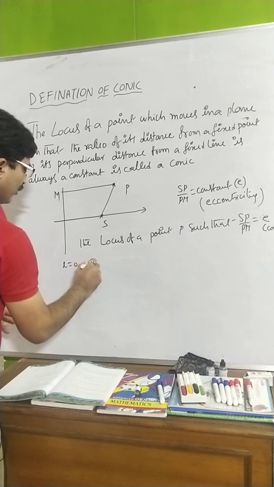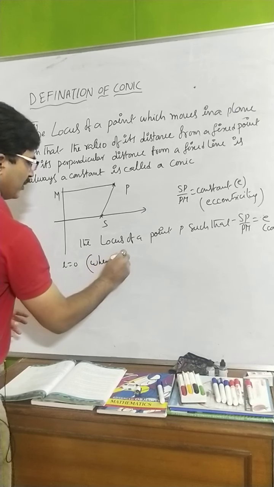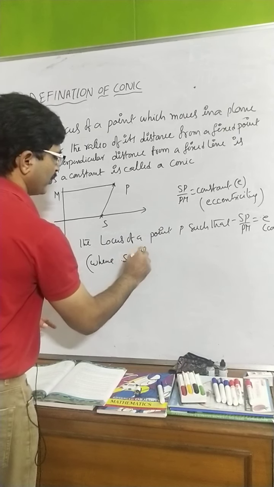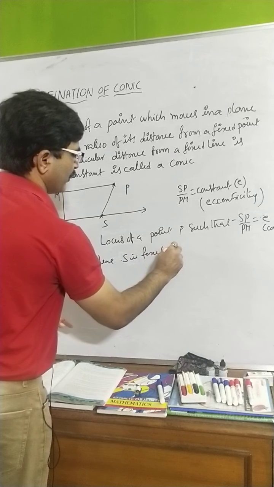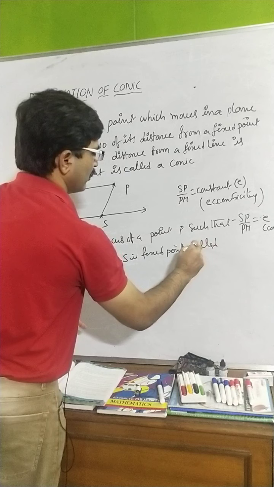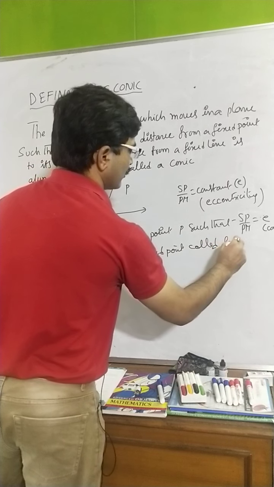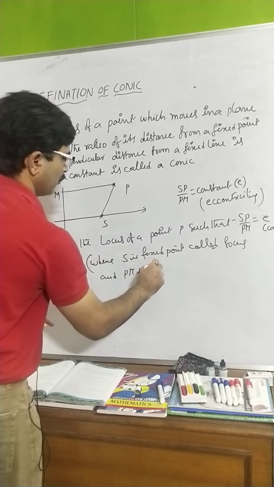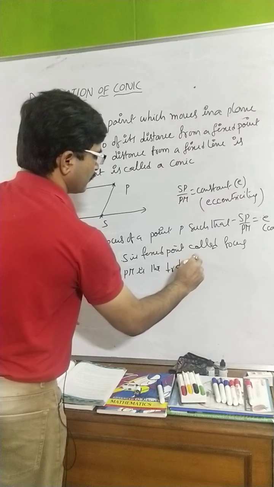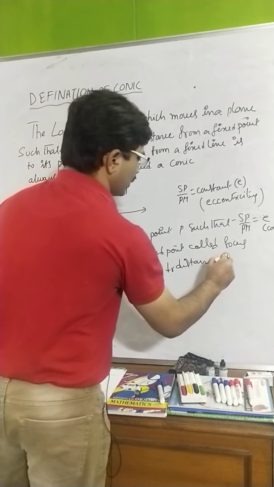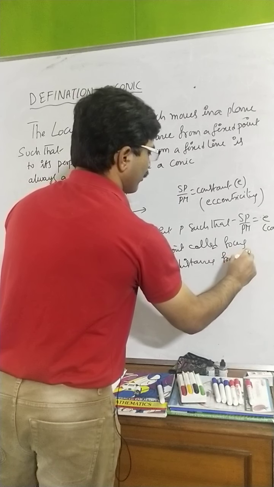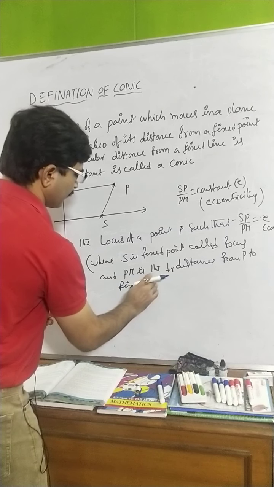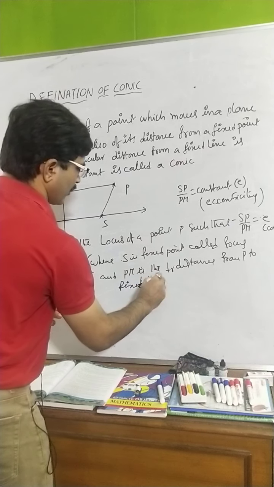E, where S is a fixed point called focus, and PM is the perpendicular distance from P to the fixed line L equal to 0.